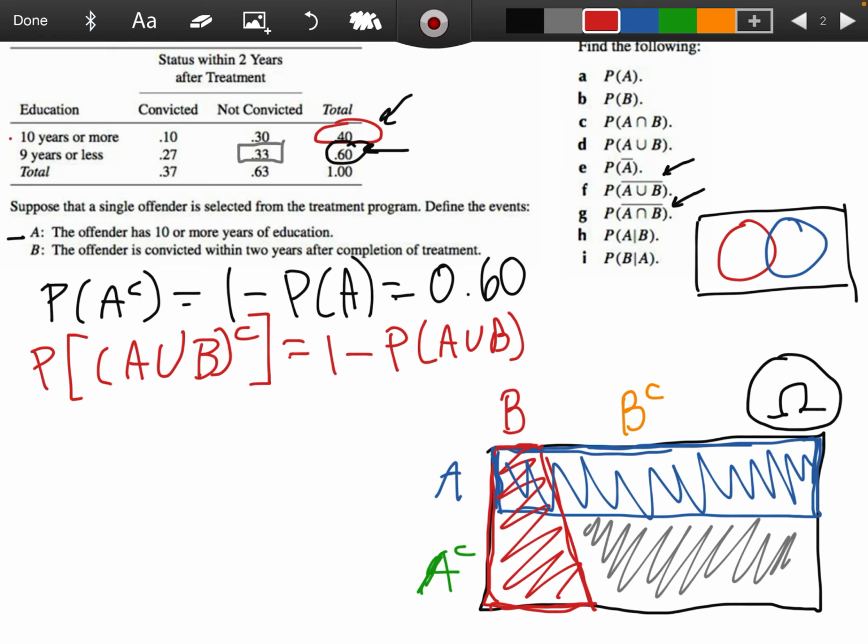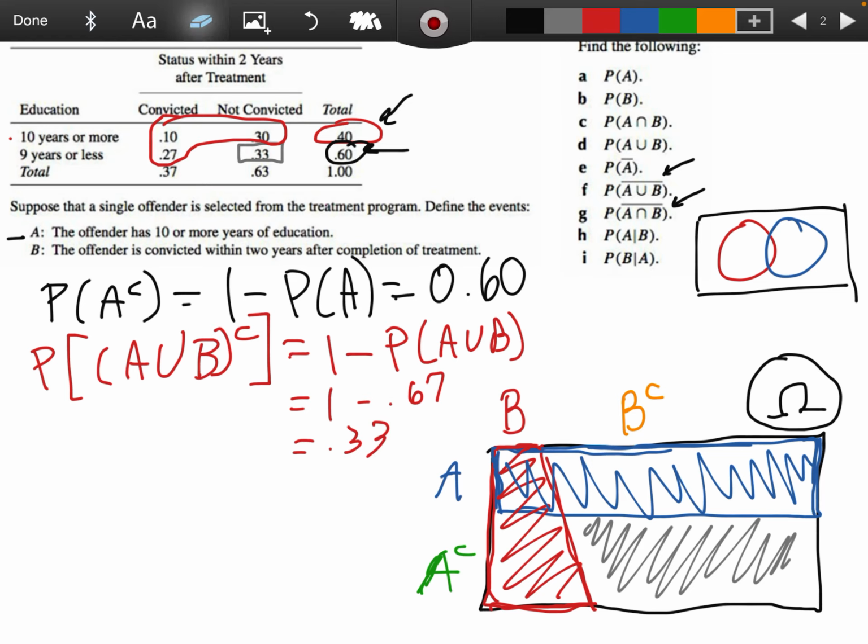We calculated the probability of A union B last time, and that is if any one of the three of these cells is captured. So if anyone who has 10 years or more education, or is convicted within 2 years, or is both of them, anyone who falls in that. So 1 minus that 0.67 that we got at the end of last video, and indeed that's 0.33.